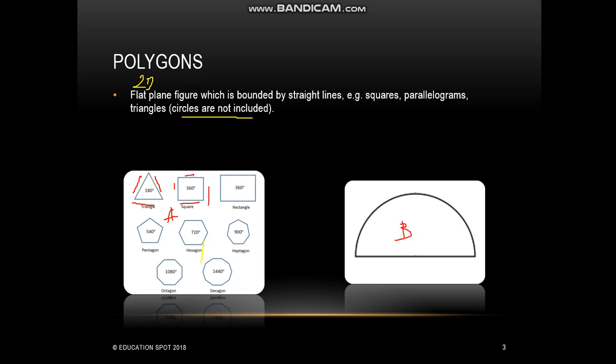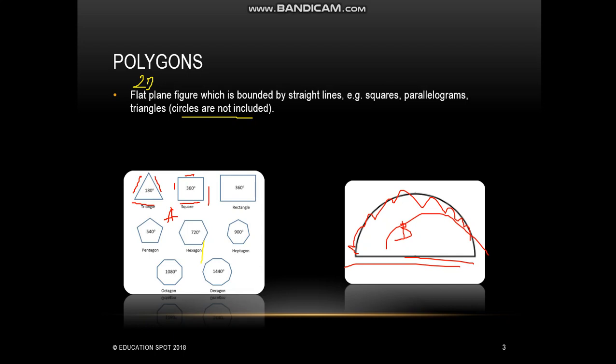The problem with B is that we only have one straight line, and then we have this curvy thing right here, which is why it says circles are not included, and this is a semicircle. It does not qualify the statement which says polygons are flat plane figures bounded by straight lines, because this one only has one straight line and a curved line, right?